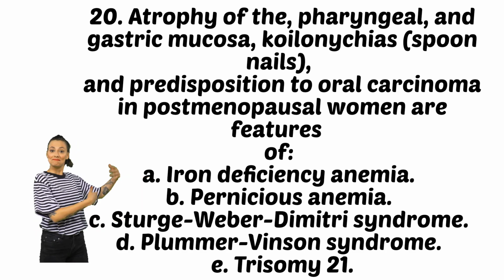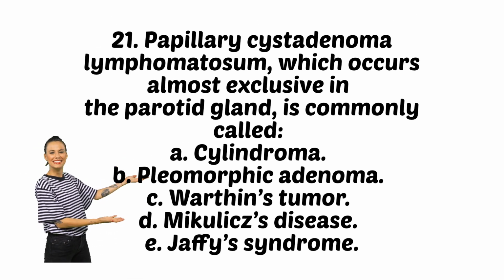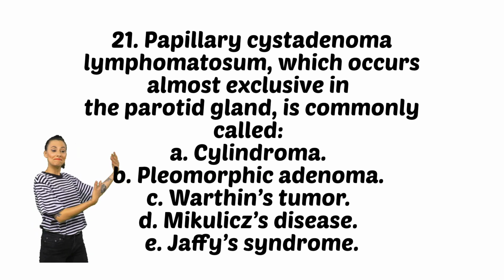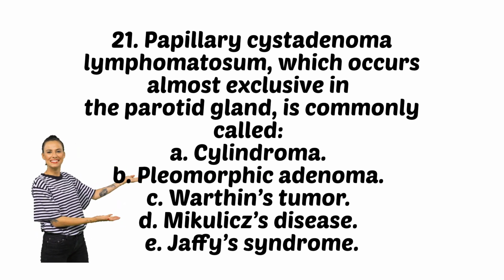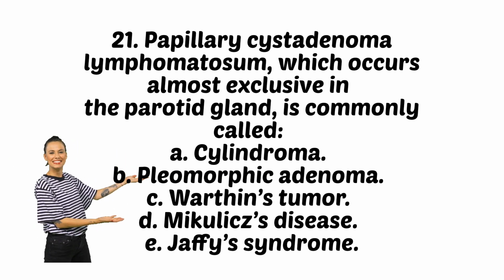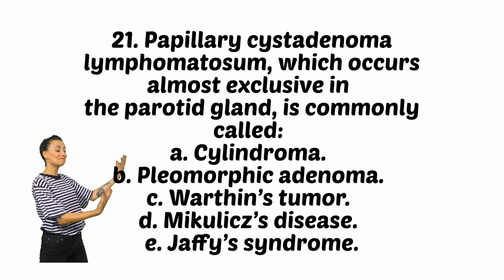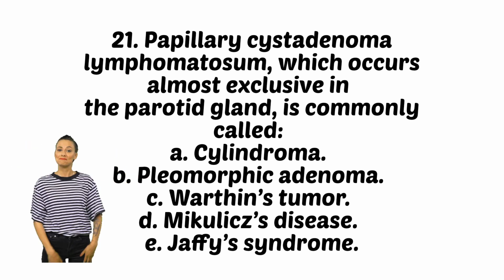Option D is correct. Plummer-Vinson syndrome. 21. Papillary cystadenoma lymphomatosum, which occurs almost exclusively in the parotid gland, is commonly called: A. Cylindroma, B. Pleomorphic adenoma, C. Warthin's tumor, D. Mikulicz's disease, E. Jaffe's syndrome. Option C is correct.